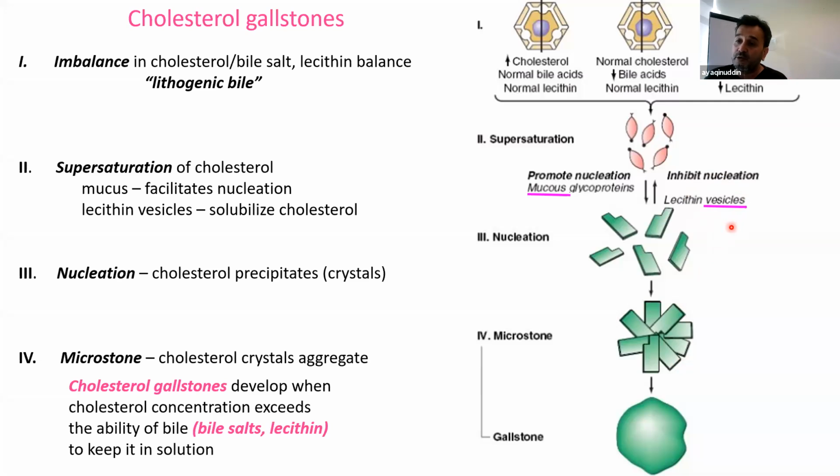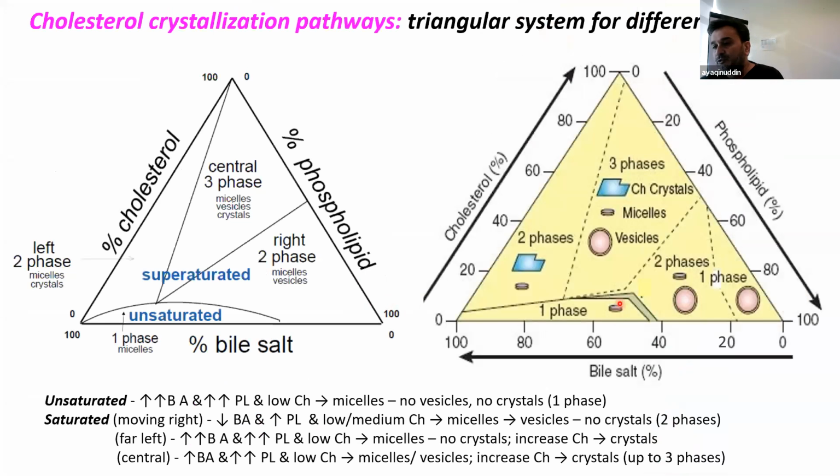But if you have more cholesterol, less bile salts, and less lecithin, then there would be supersaturation of cholesterol, which will result in nucleation. And then once the nucleus is formed, more and more crystals are going to be developed and the stone formation is going to happen.